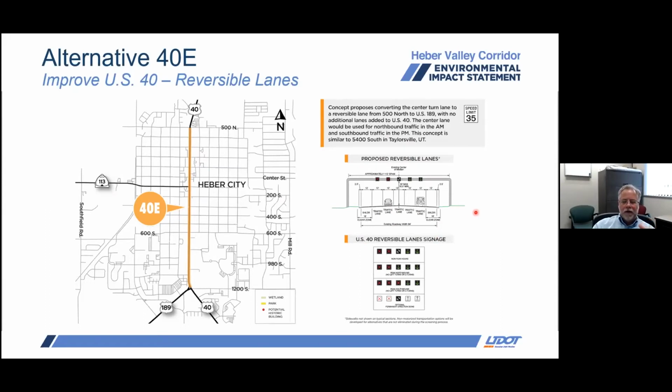That's so that drivers can see at least two of these at any given time. And if you want to see an example of this, there is an example at 5400 South in Salt Lake County, which uses this system.